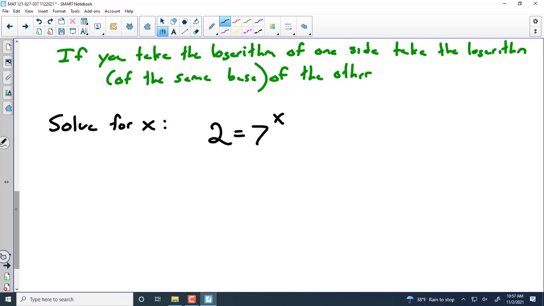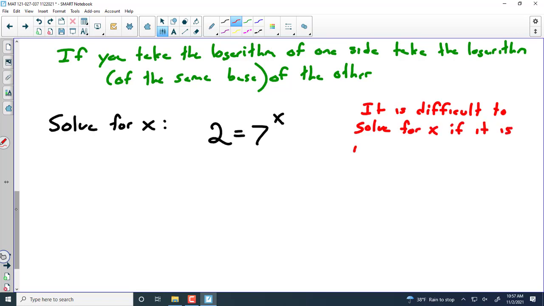Someone tells me to solve that for x. It is difficult to solve for x if it is in the power.